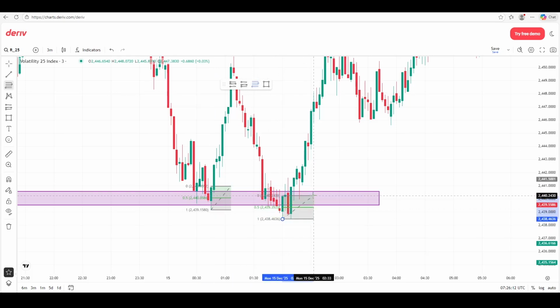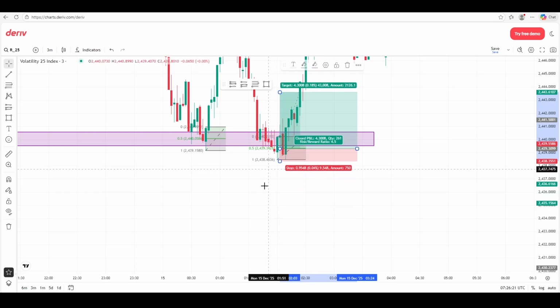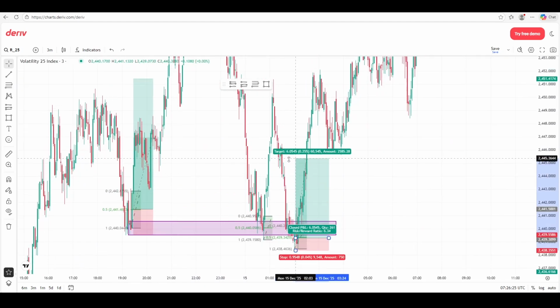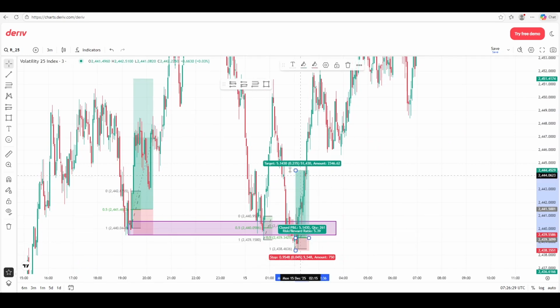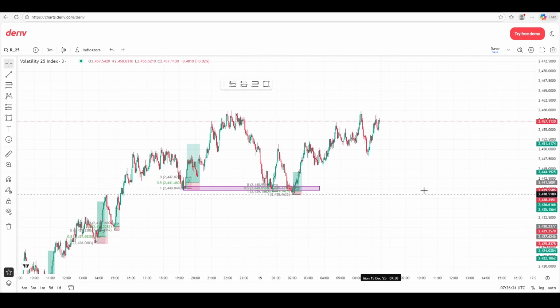Then you have another one here. Price comes to the lower half and you take a buy at that point. Stop loss just below that low, and you get your 5R as always. Another successful setup, right? Let's look for another potential setup.